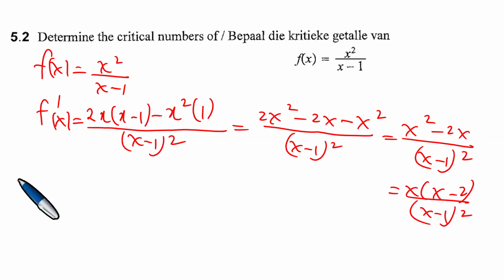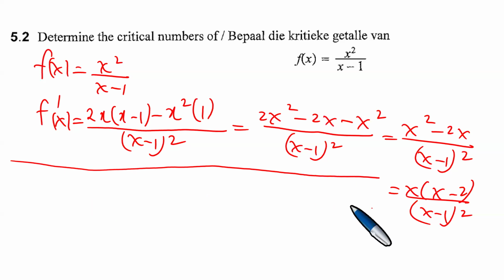So you proceed and say, if f prime of x is 0, we have the following.